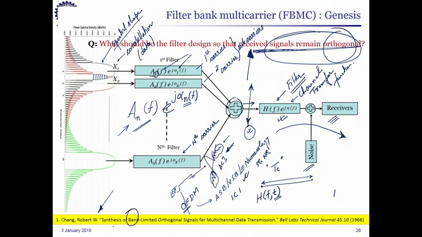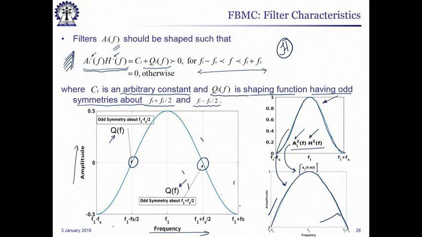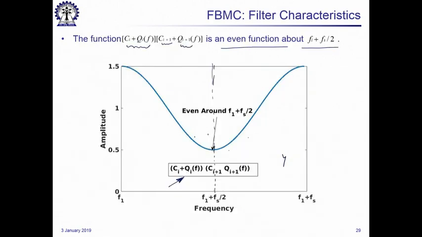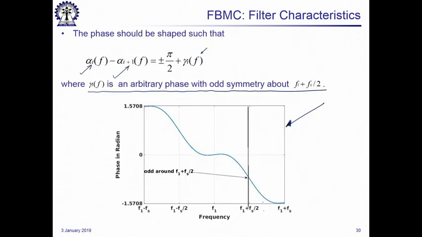and there is a criteria for designing the filter coefficients, which provides no ISI, no ICI given a channel, such that there is odd symmetry about a certain frequency position, Fi plus Fs by 2 minus Fs by 2, with the product of the channel transfer function included with that of the filter, and there is even symmetricity again with the product of the channel and the filter, as well as a criteria on the phase which completely defines the filter.